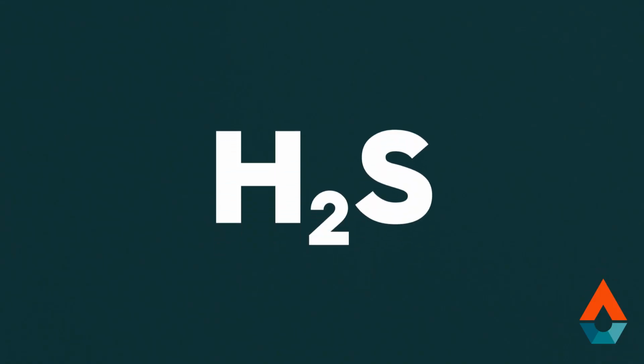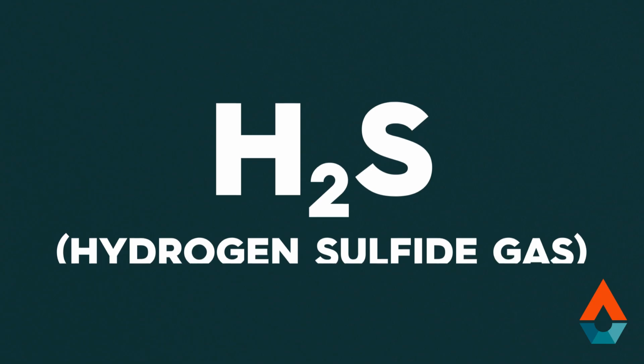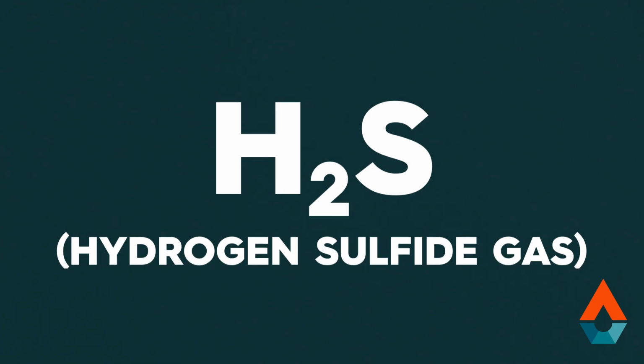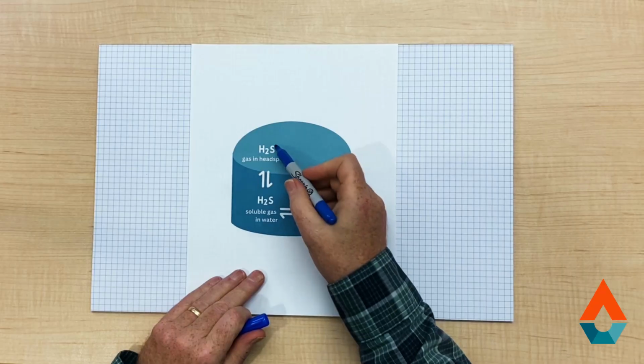So when we're talking about H2S, let's just review the terminology, making sure we're using the same words to mean the same thing. So H2S, or hydrogen sulfide, most people, when they're saying that, they refer to the hydrogen sulfide gas. And so this is the hydrogen sulfide gas that you would measure in the biogas itself. So that's here.